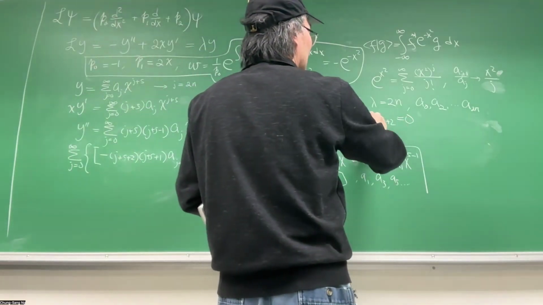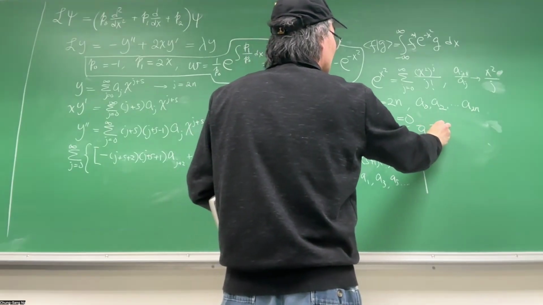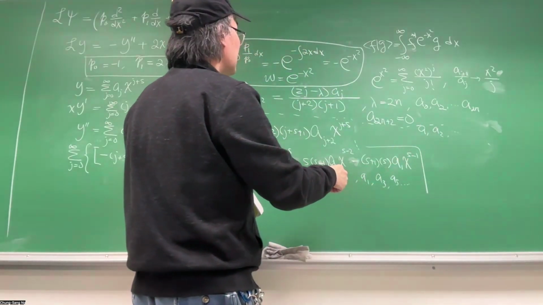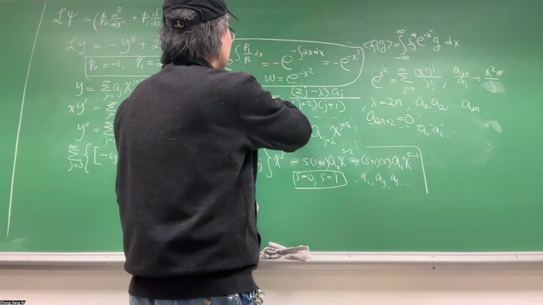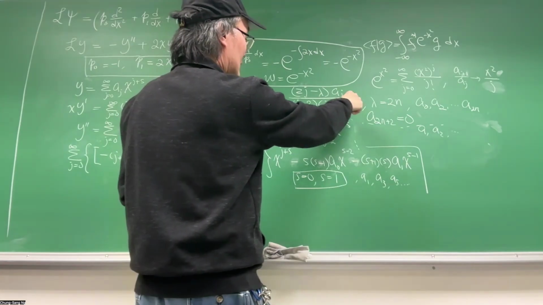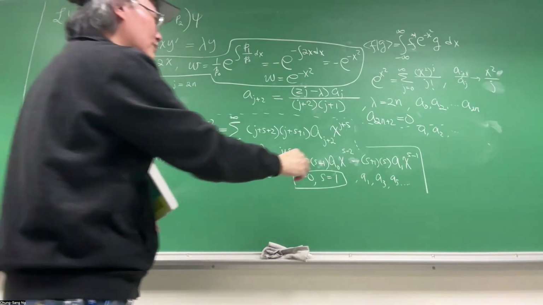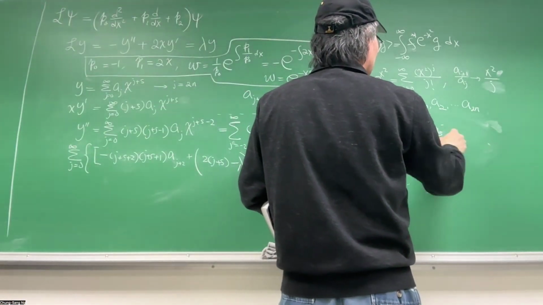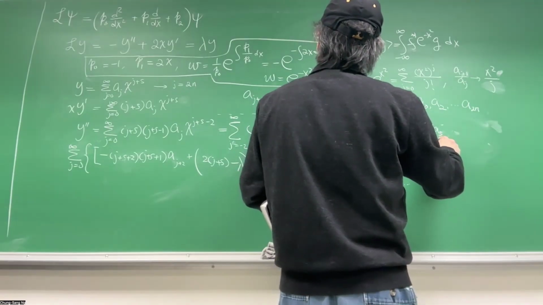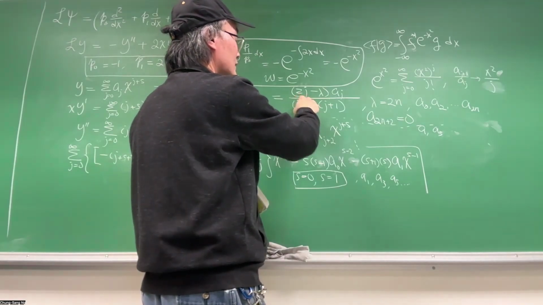So this is for the first case. For the second case, A1, A2, up to, that's A is n. No, A is 3, right? j is 3. Well, that is still fine, yes.